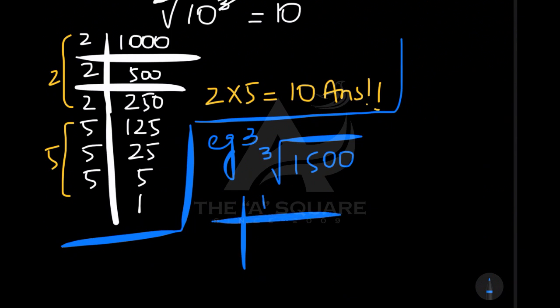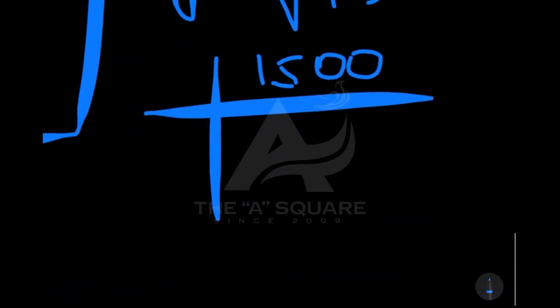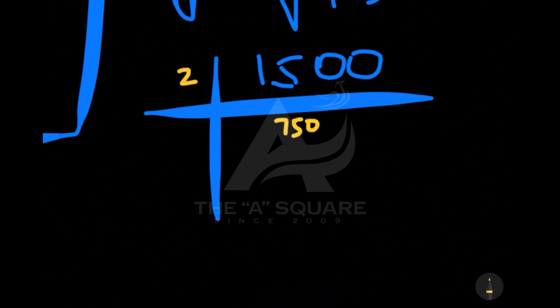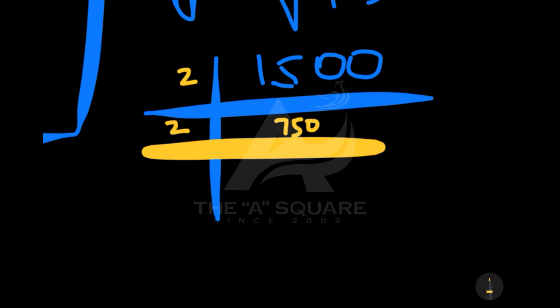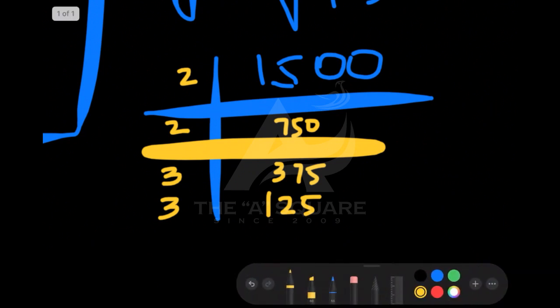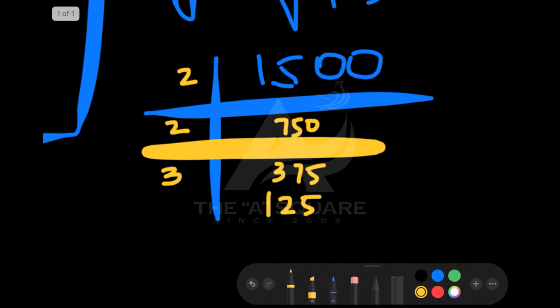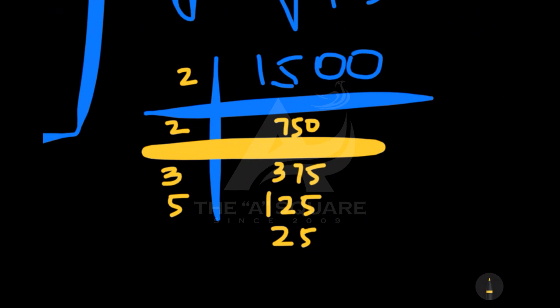Now I have to take an LCM of 1500 so that I can identify how many factors I'm getting. 2 times 750, 2 times 375, 3 times 125, 5 times 25, 5 times 5, then 5 times 1.